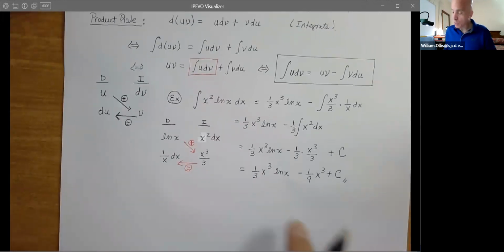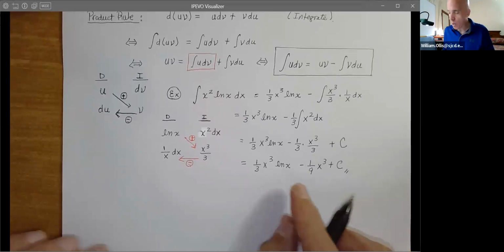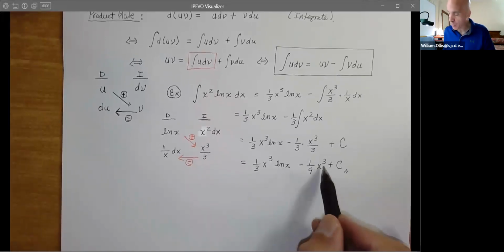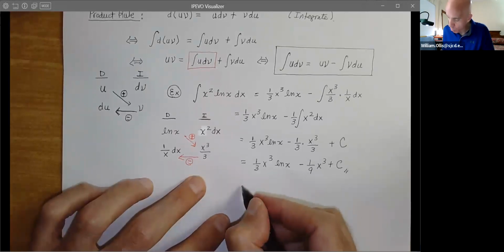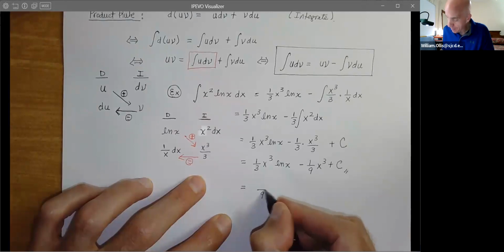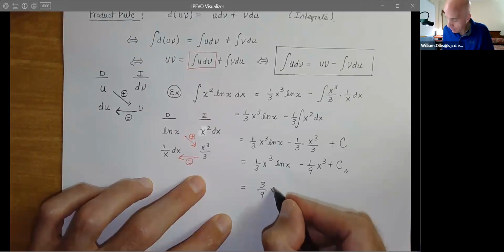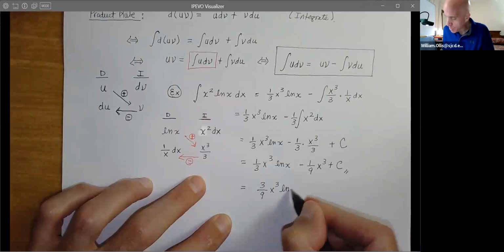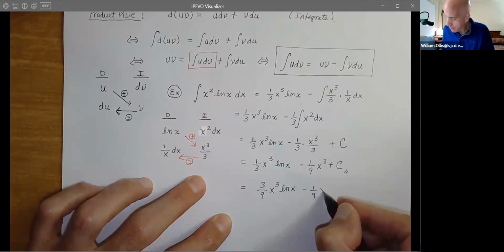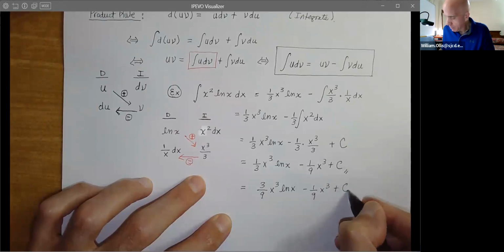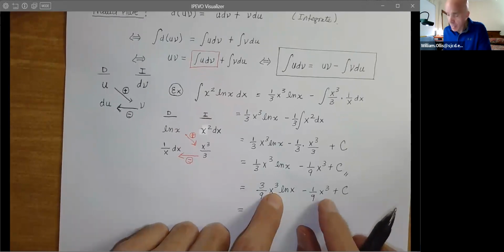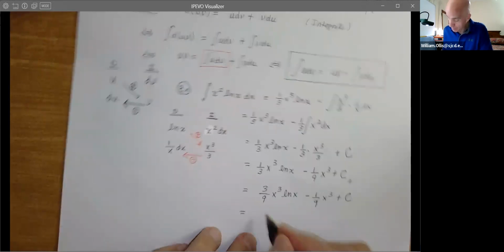Now, of course, if you look at this, and like I was saying before, I'll say leave it as it is. We could get a common denominator of 9 and factor this and make it look pretty. So let's just go one more step. We'll do the 9. We don't always do this, but it's good practice to do it. And then, of course, we can factor the 1/9, and we can factor the x cubed.